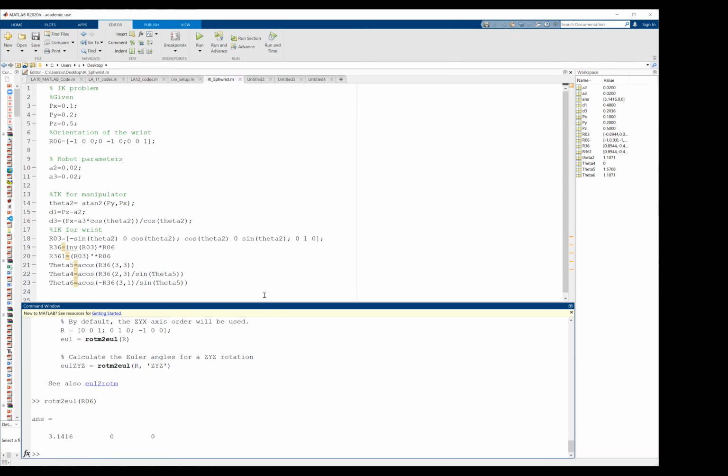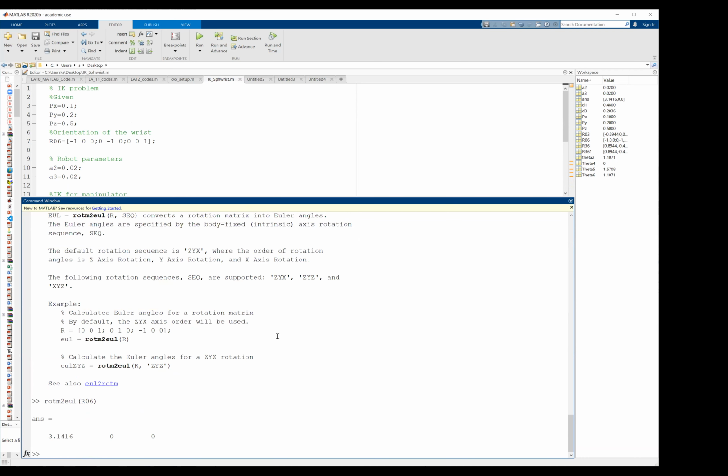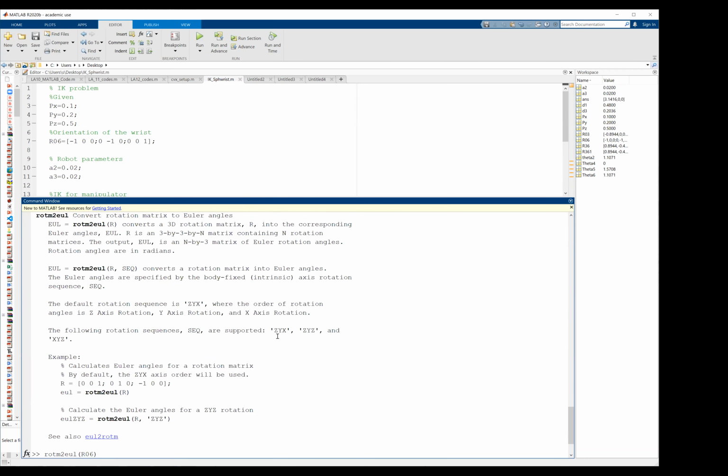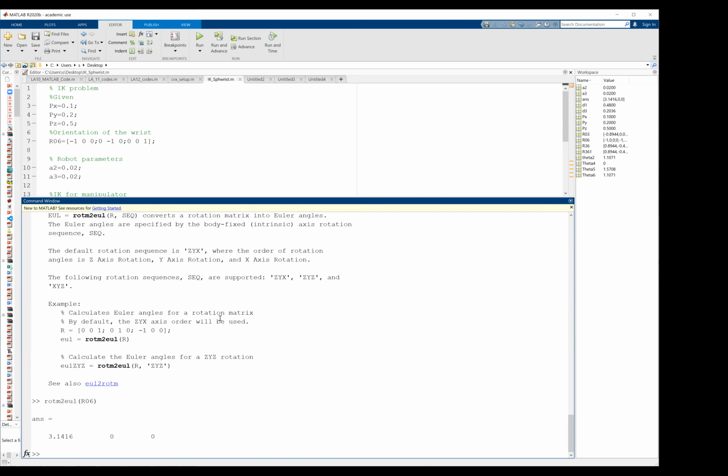So this gives you the roll, pitch, and yaw for the rotation matrix. As you can see, I gave the rotation matrix R06, and it gave me the angles. The default sequence is ZYX.